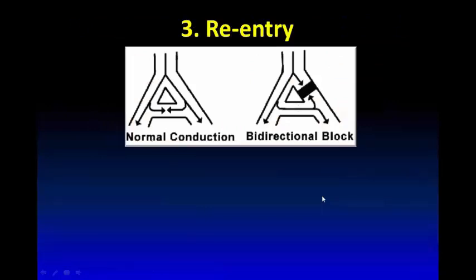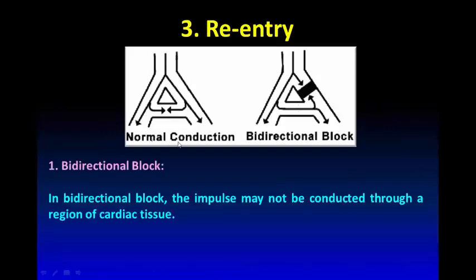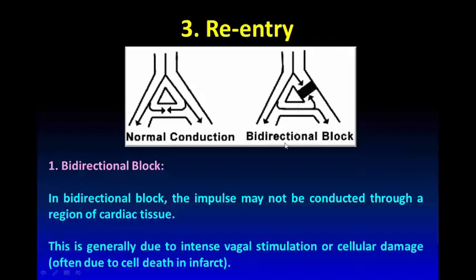Let's describe re-entry in further detail. In bidirectional block, the impulse may not be conducted through the region of cardiac tissue. So the impulse will not be conducted in the antegrade direction, and it will not be conducted in the retrograde direction either.